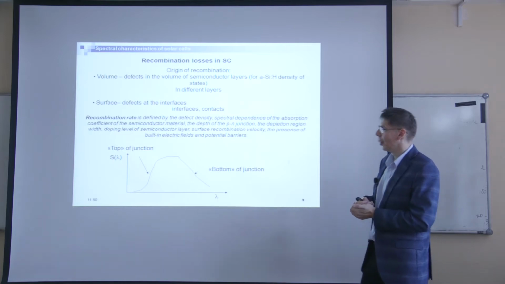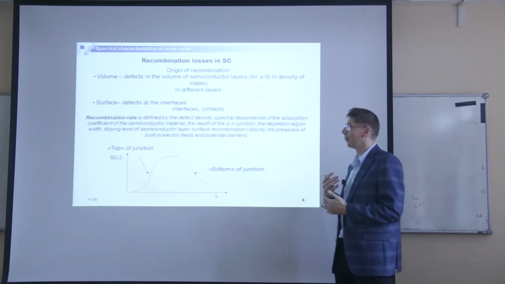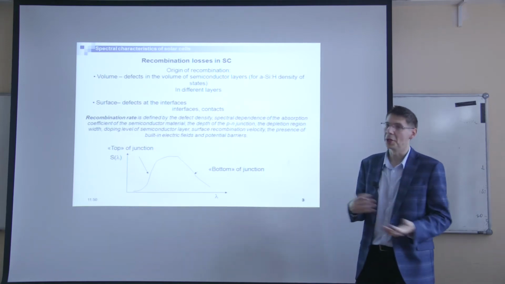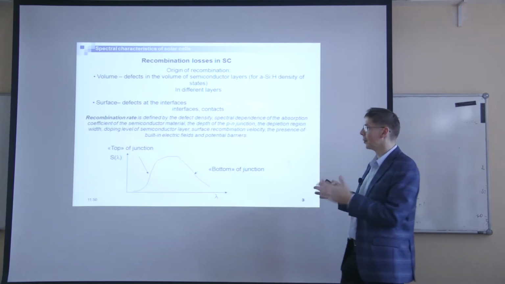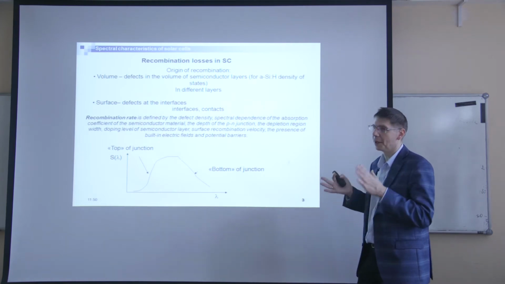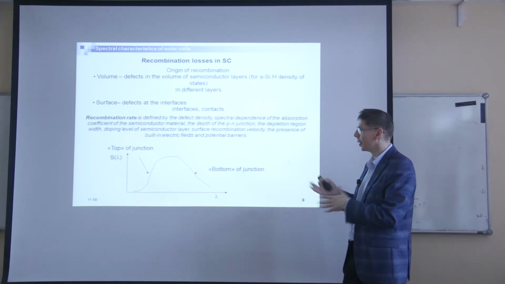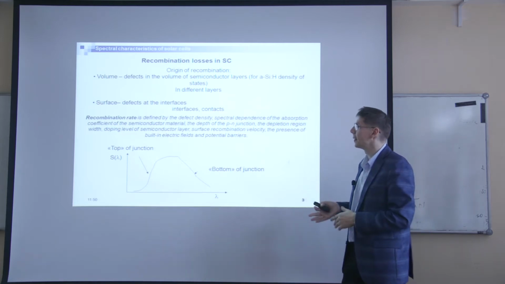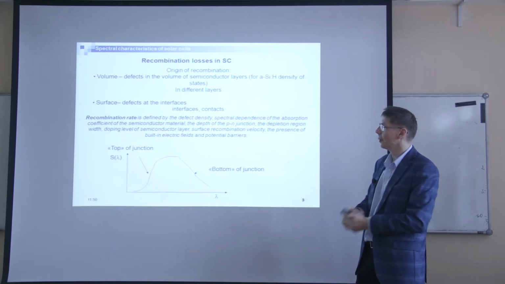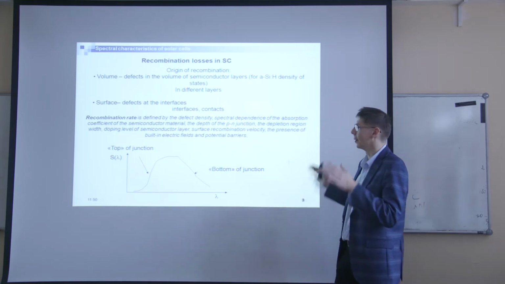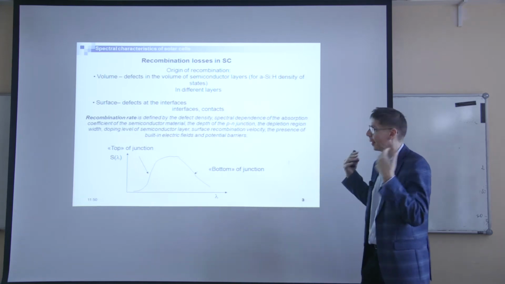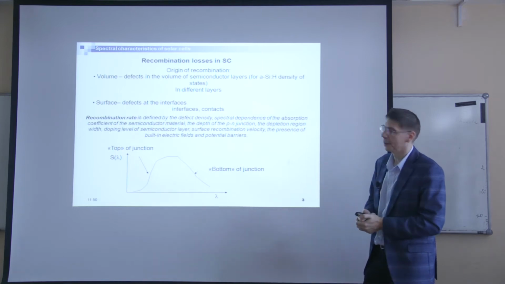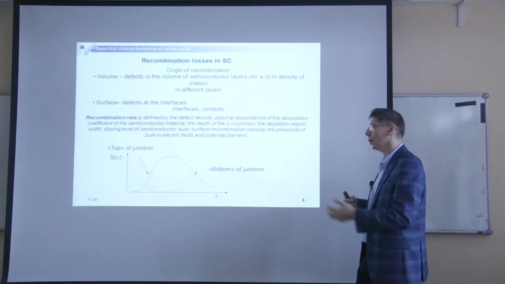There are a lot of ways to suppress the surface recombination or interface recombination. It depends. If you have an interface between two semiconductors, you can get a lot of recombination losses at the interface, and if you have just a homojunction with an ohmic contact, you would get a lot of recombination at the ohmic contact, and there are a lot of things to suppress them.